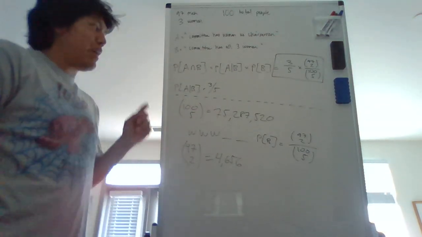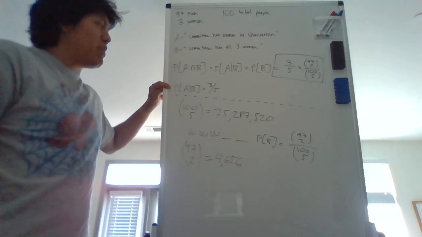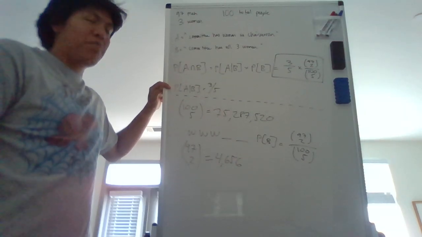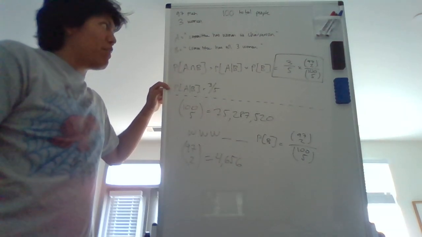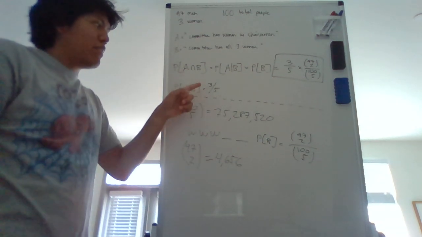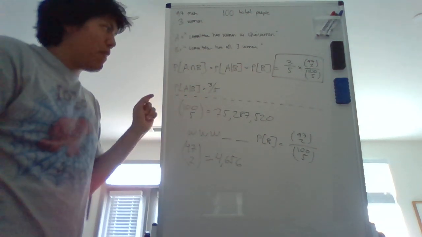So again, to recap, this is the probability that a committee has a woman as a chairperson, given that the committee has all three women, right? 3 over 5.